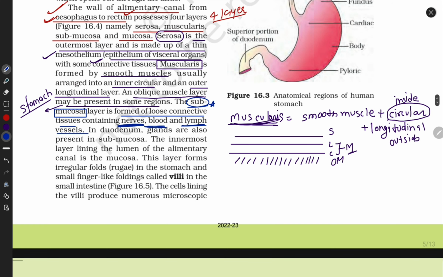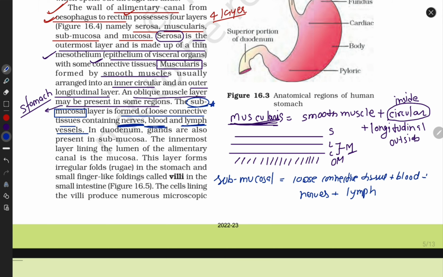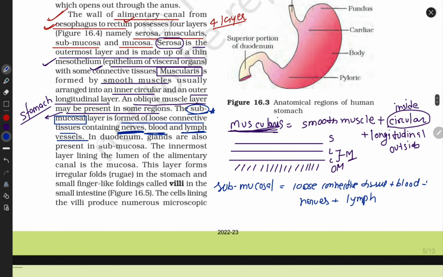Submucosa is made up of loose connective tissue plus blood plus nerves plus lymph. Be specific, guys.